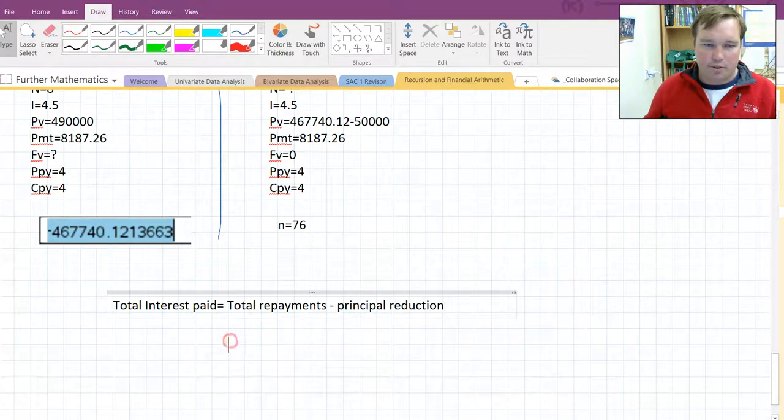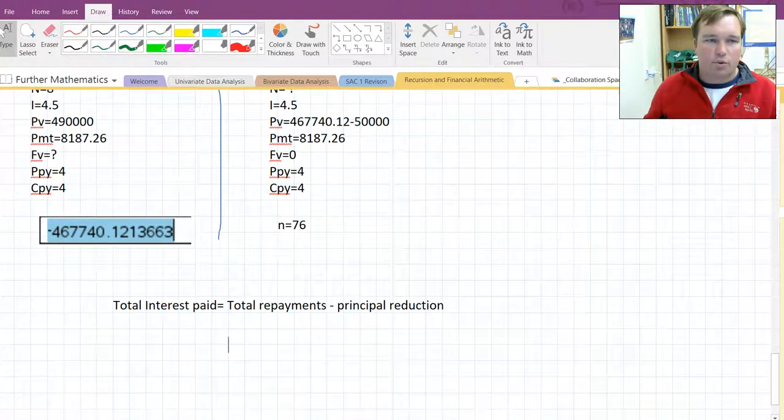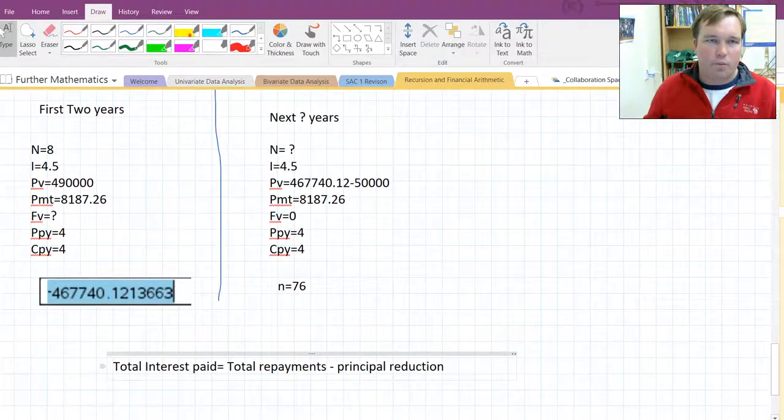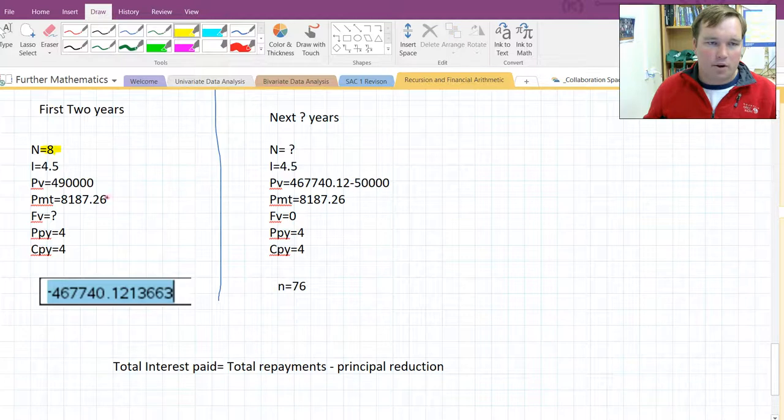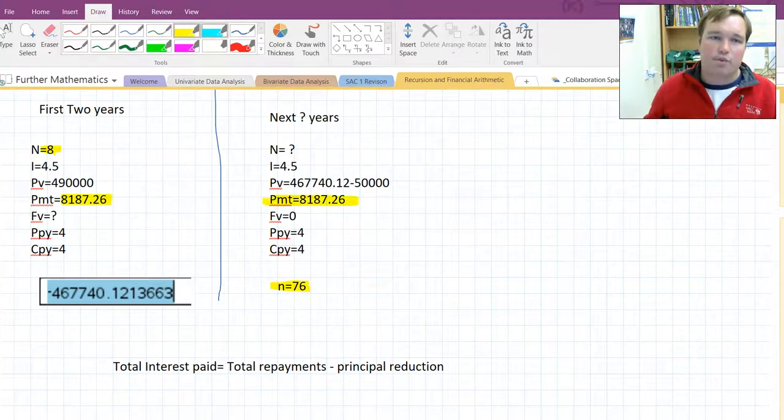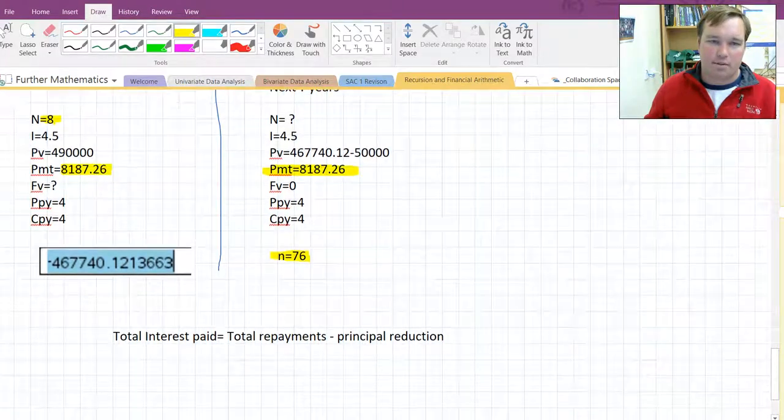Alright, let's do the first part of this. Total repayments were 8 lots of 8,187.26, followed by 76 lots of the same payment, and then this was also followed by 50,000.